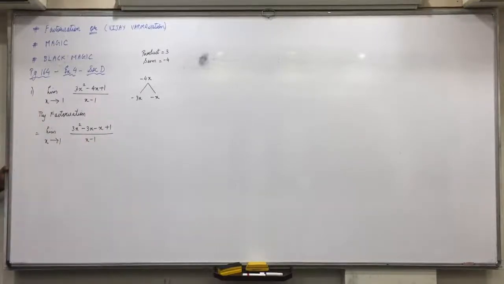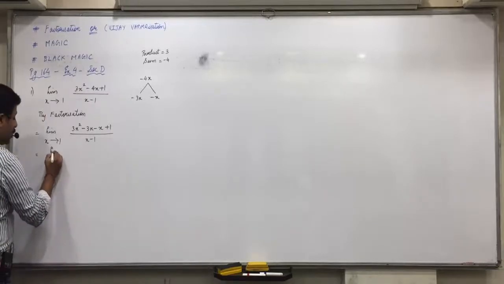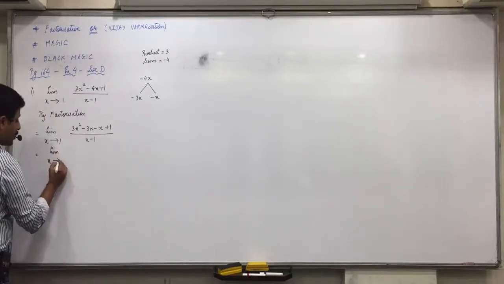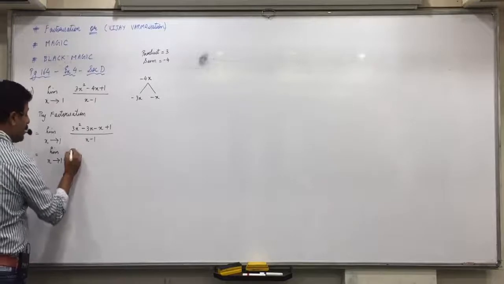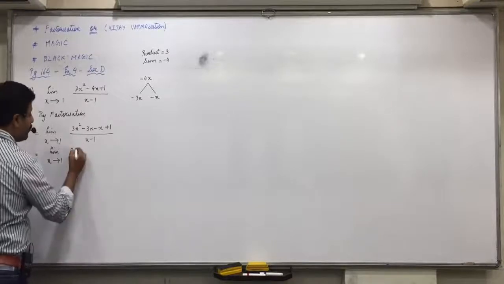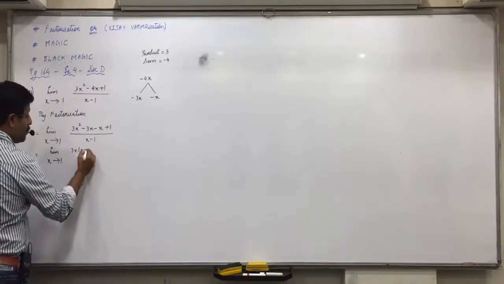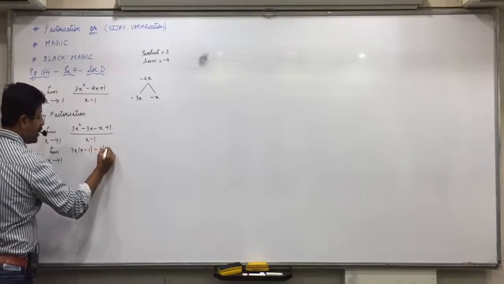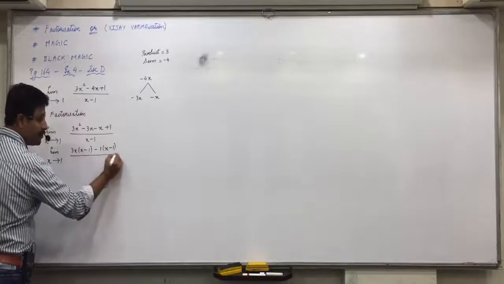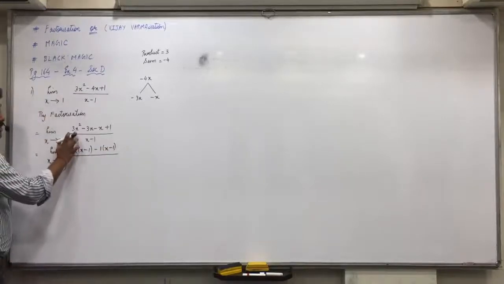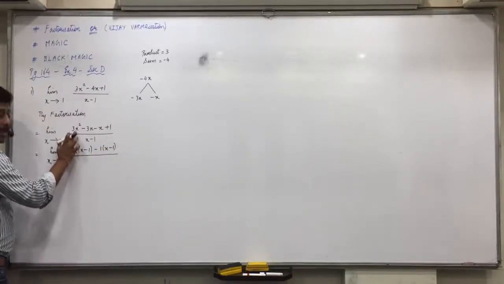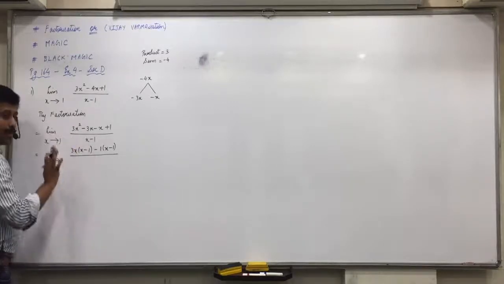Any confusion so far? That is equal to limit x tends to 1. 3x square minus 3x: 3x is common, bracket x minus 1. Minus x plus 1: minus 1 is common, bracket x minus 1. Here 3x is common, so 3x into x, 3x square, 3x into minus 1, minus 3x.